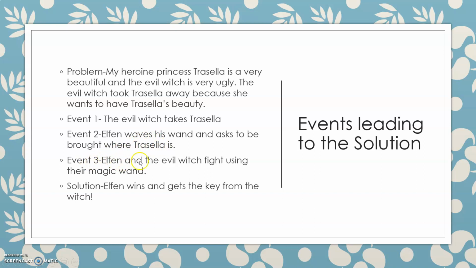Event 3, Elfrin and the evil witch fight using their magic wands, because remember, my villain and my little helper, their magic element is their wands. And the solution is Elfrin wins and gets the key from the witch and is able to then go up and rescue Tricella.